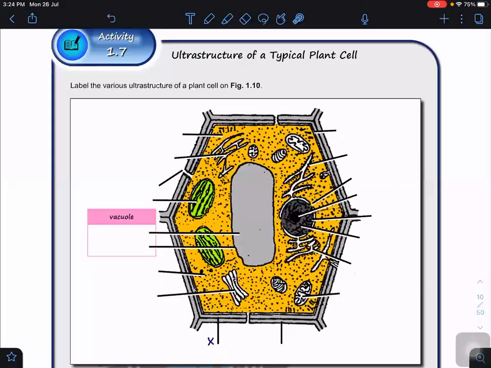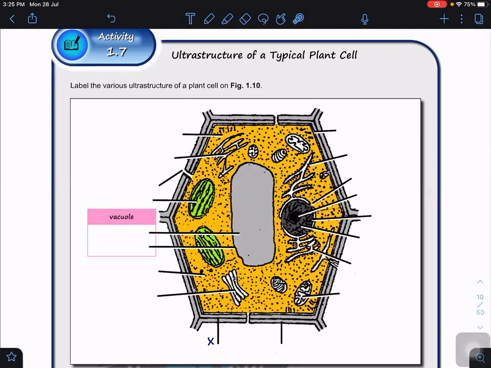So I assume that most of you have done the identifications. So let us look at the first structures. Now, in animal cells, the nucleus will be the largest and very prominent structure. But in plant cells, not necessarily, because the largest organelle that you can see in the plant will be the centrally located vacuole, and the vacuole will be very, very large. This vacuole actually consists of two parts.